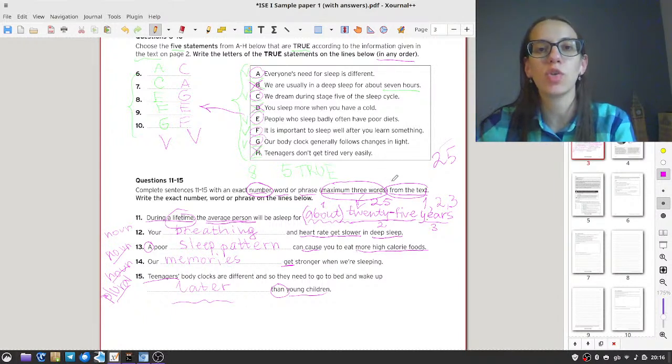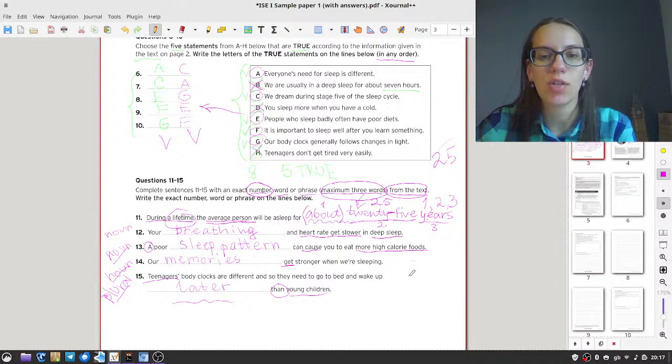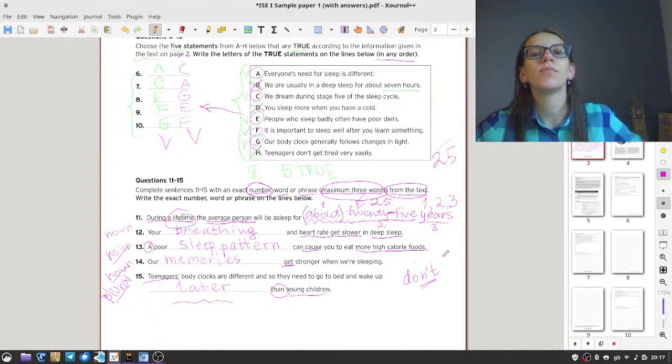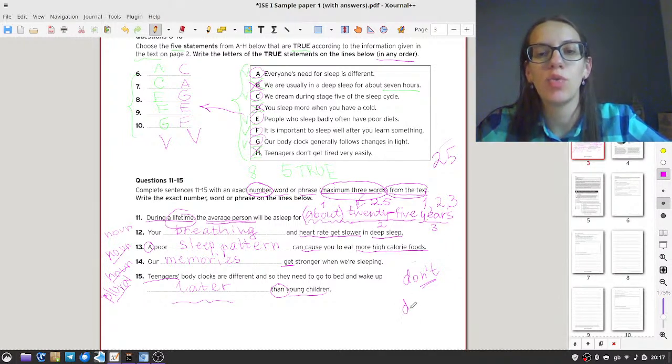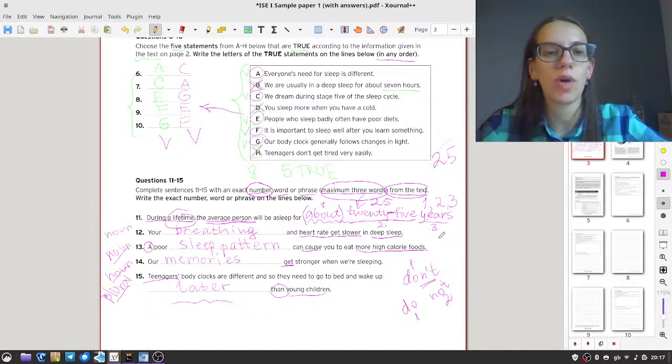So 1 word, 2 words, or 3 words. If you have a hyphen like this, it's 1 word. Or if you have, say, a contraction, something like don't. Don't. This is also 1 word. But do not, that would be 2 words. That's 1 and 2. But this one is just 1 word.